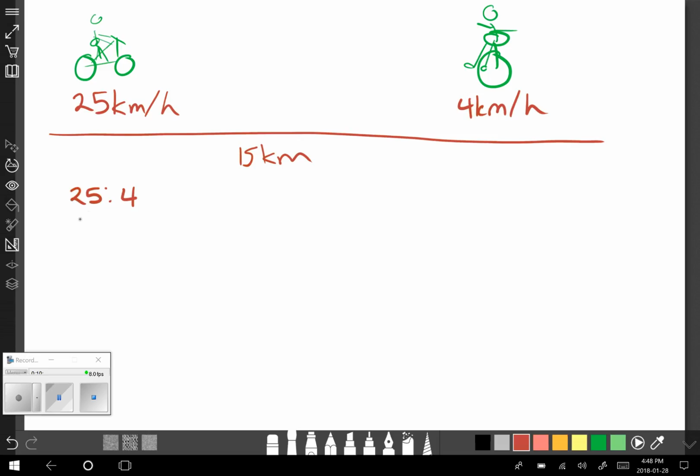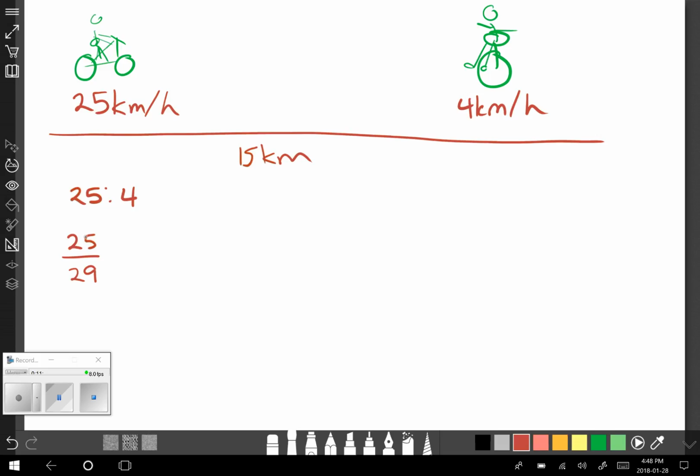So let's take a look at how to turn these into a fraction in order to figure out the fraction of the distance covered. So this is a part-to-part ratio, right? Because this guy's going to cover some, and this guy's going to cover some, and together they'll cover 15 kilometers. So 25 out of 29, 25 plus 4, 29.